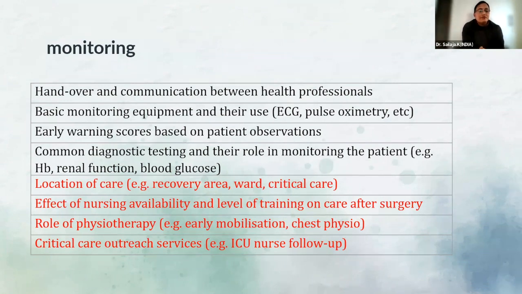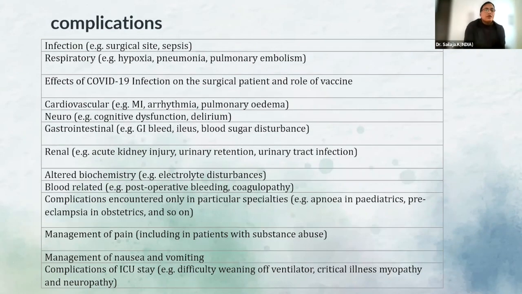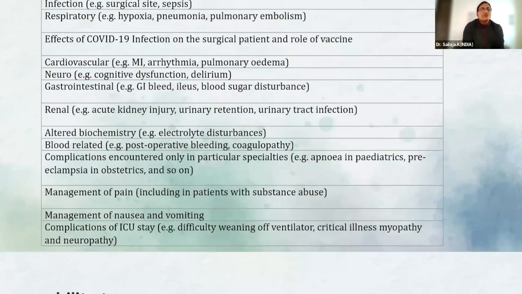Location of care, effect of nursing availability and level of training, role of physiotherapy, and critical care outreach services would have been included but for the post hoc change. Complications were all included: system-wise complications, effects of COVID-19 infection, management of pain and nausea and vomiting, and complications of ICU stay.